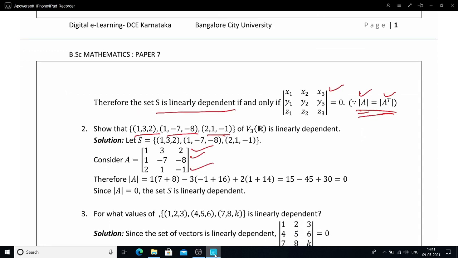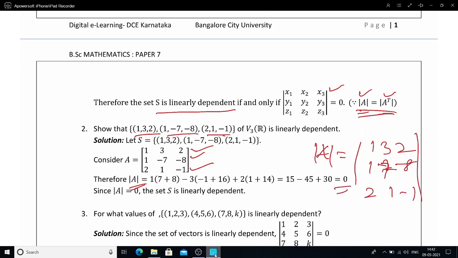The determinant of A means 1, 3, 2, 1, minus 7, minus 7, minus 8, 2, 1, minus 1. The determinant value is 0. Therefore, the vectors are linearly dependent. Since it is singular, the determinant value takes 0, therefore it is linearly dependent.